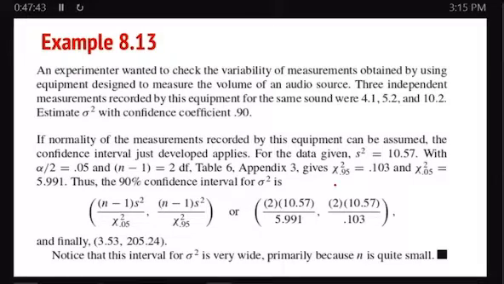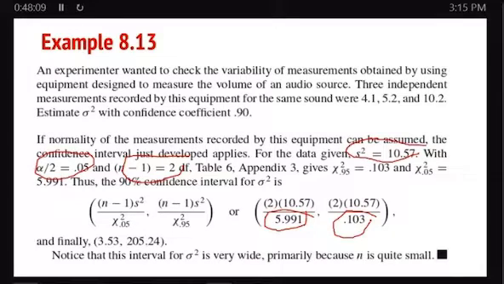Now compute your sample variance from the data, get alpha over 2, and get the degree of freedom. We're going to check from the chi-square table for alpha over 2, and for 1 minus alpha over 2, for the degree of freedom.